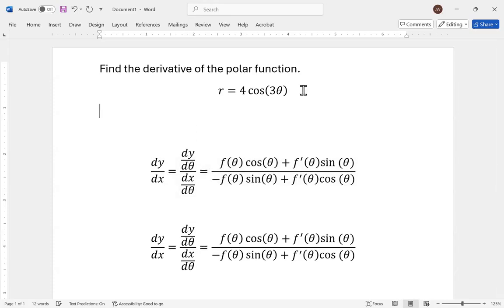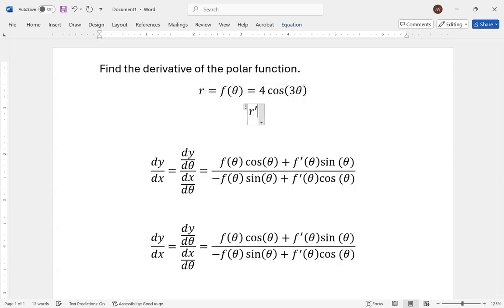In order to do that, I have to first realize that r is equal to this function of theta. And so what I'm going to call r prime, somebody else would call f prime of theta. The derivative of 4 times cosine of 3 theta. Well, the derivative of cosine is negative sine.